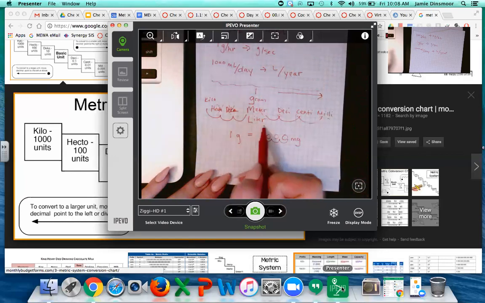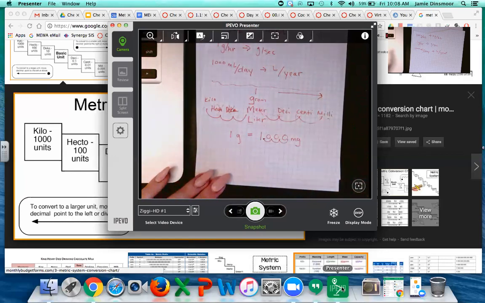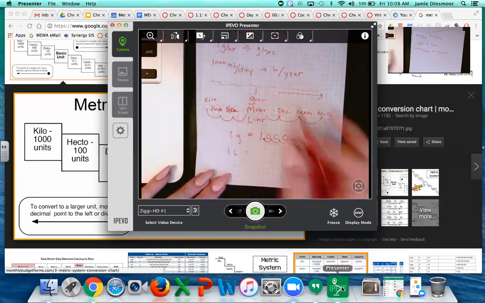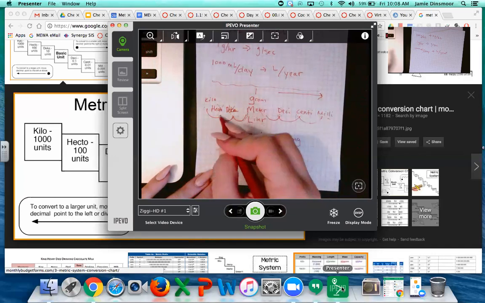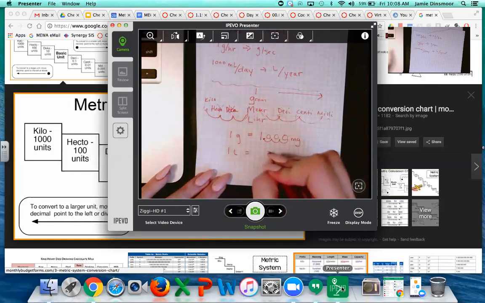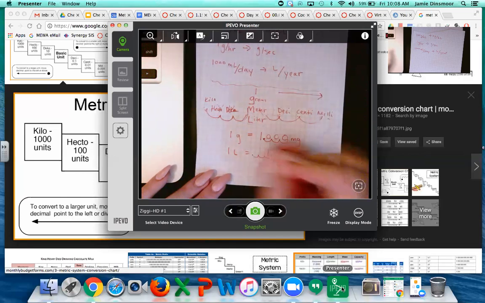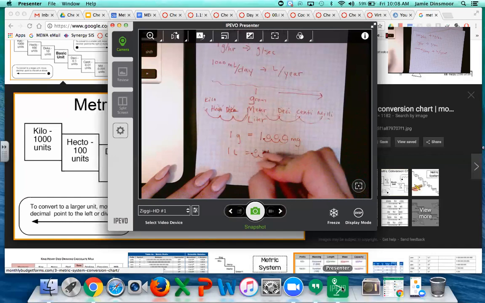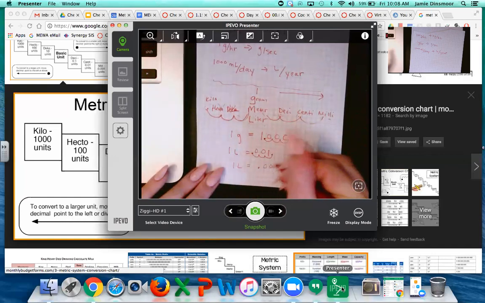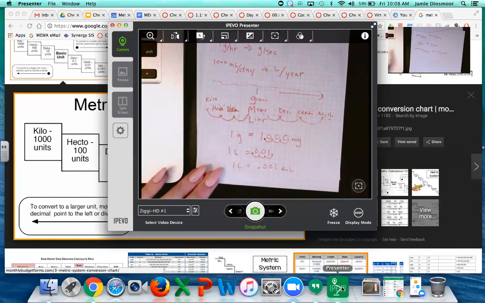Similarly, if we want liters and we want to find out kilos, for example, 1 liter, this time we're going to be moving the decimal 1, 2, 3 places to the left. So we'll put our decimal place after the 1. 1, 2, 3. Add our zeros, and we find out that 1 liter equals 0.001 kiloliters.